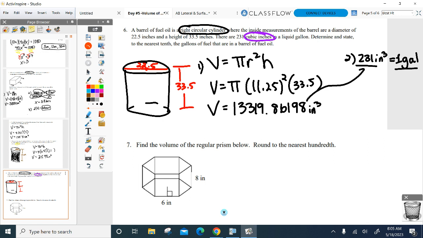I'm going to put my volume right underneath 231, put X underneath gallons, and we'll cross multiply. To the nearest tenth, how many gallons of oil in here?